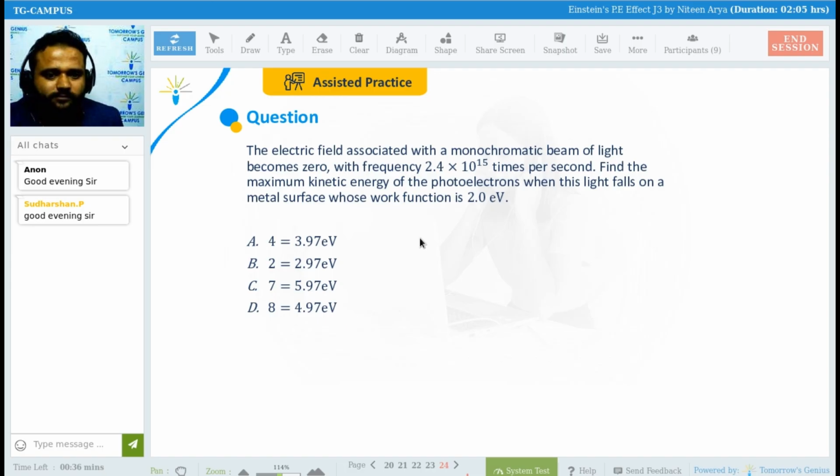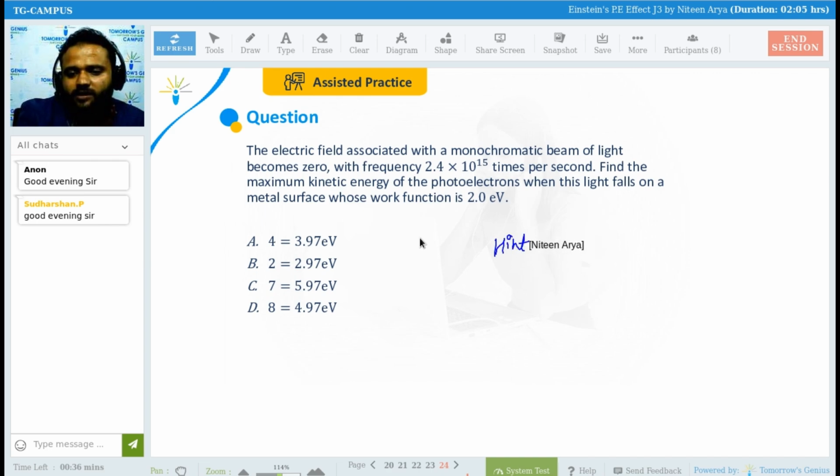Here one catch is there. In one complete vibration, the electric field becomes zero twice. So the frequency is going to be half of that from the given value. Okay, one catch, or you can say one hint. This information is hidden in itself.